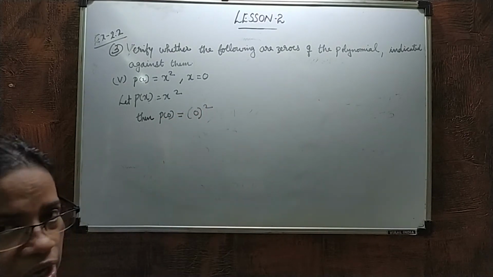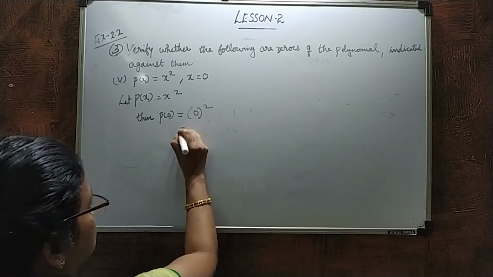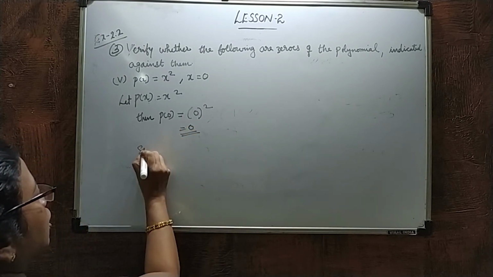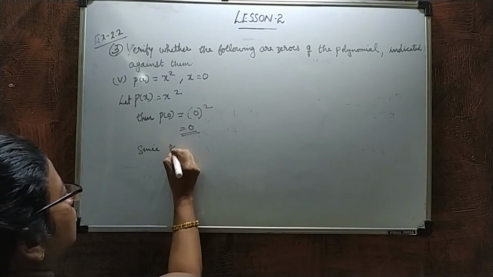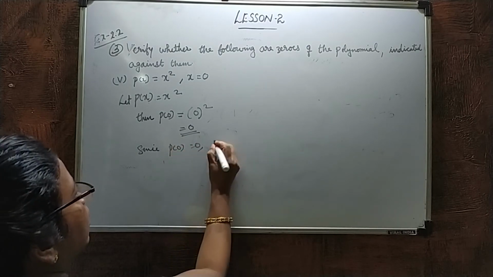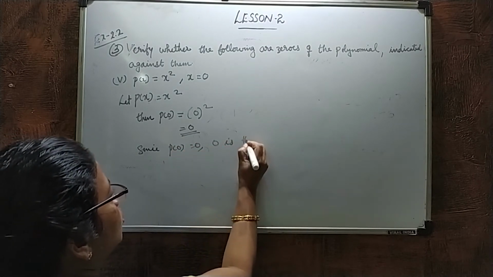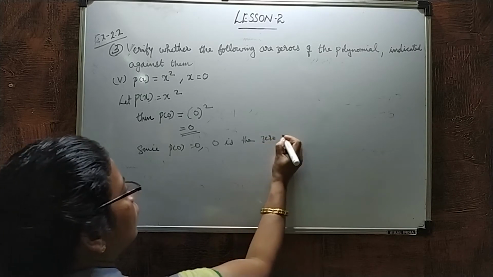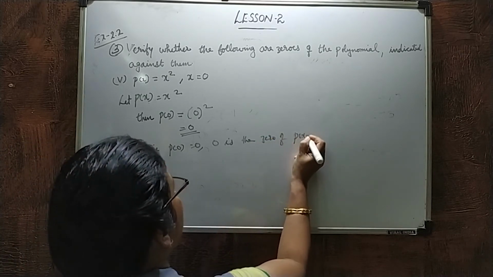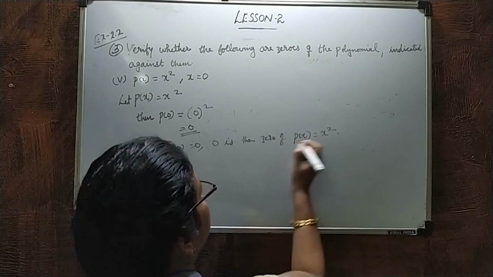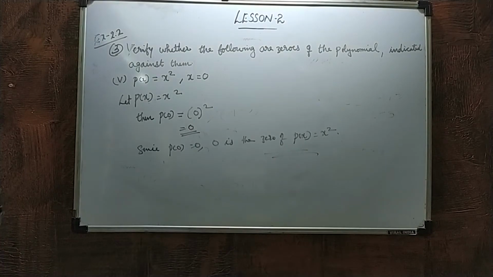What is 0 square? It is 0. That means it is equal to 0. So what do you write then? Since P of 0 equals 0, then 0 is the root or 0 of P of x is equal to x square.